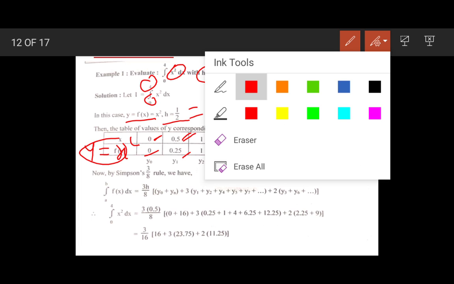Now after getting this y table, we have to write y0, y1, and so on. We start from y0, then after y0 we get y1, y2, y3, y4, y5, y6, y7, y8. Now we are going to apply Simpson's 3/8 rule.